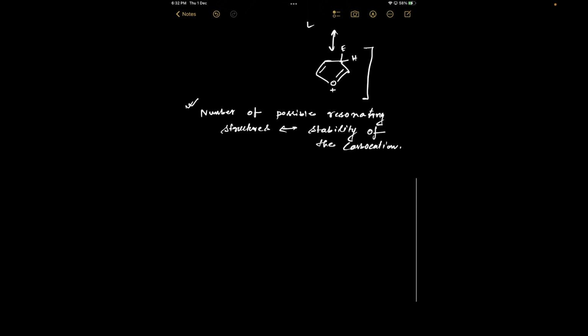Now let's get back to our question. So here furan is given and the reactant is acetic anhydride. The structure is like this. Right? And the solution is BF3 diethyl ether. Okay.